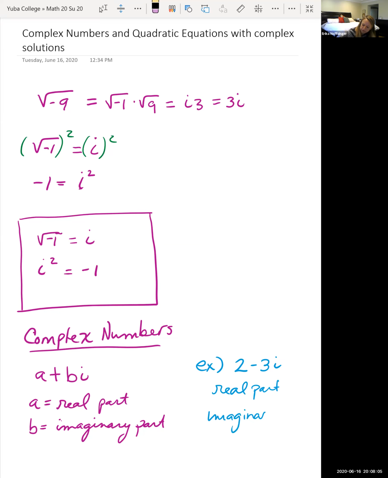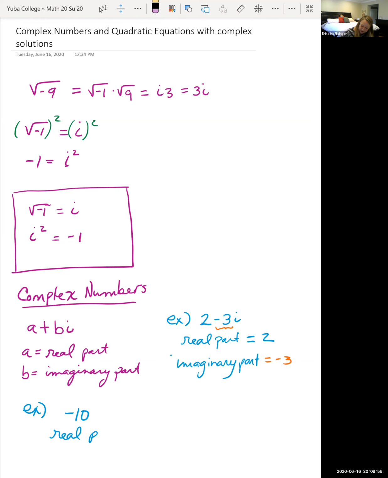So if I had the example where I'm asked, if I had -10 and it asked what is the real part and the imaginary part.